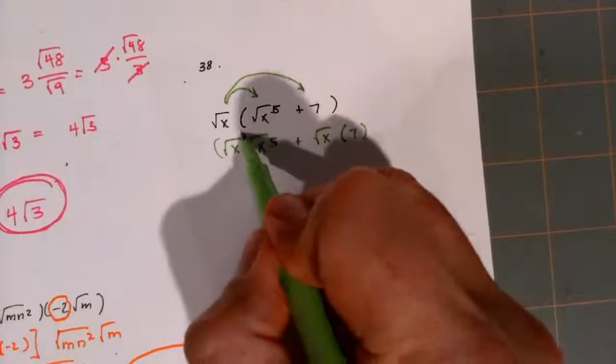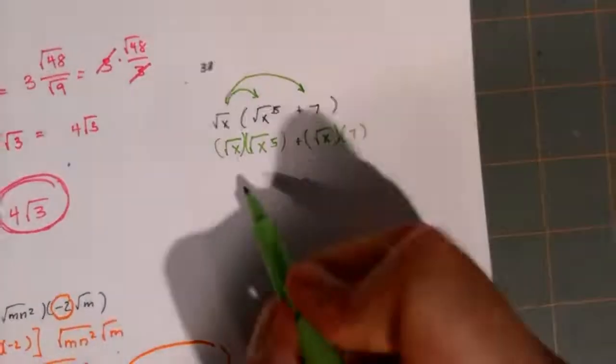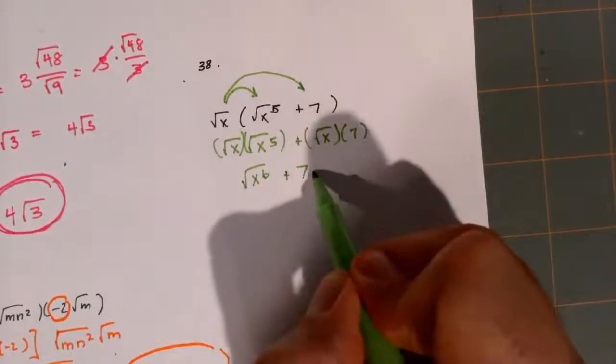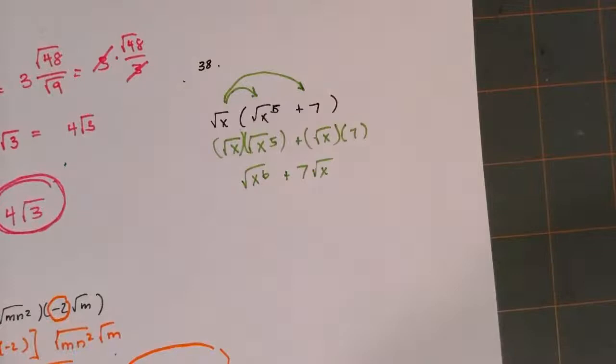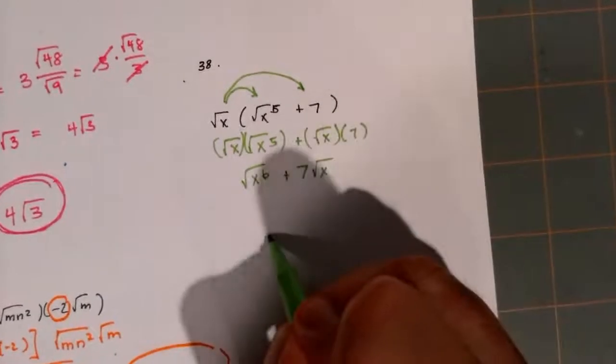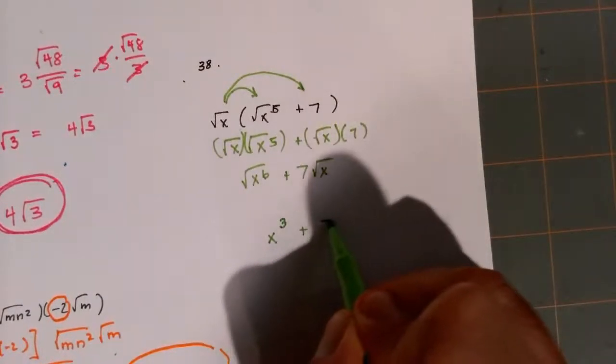I can put it all in parentheses if it makes you feel fancy. So here I get root x to the 6th plus 7 root x. If you've been playing at home, you would know that the square root of x to the 6th is x cubed. So my answer is x cubed plus 7 root x.